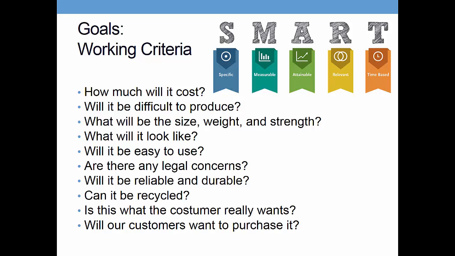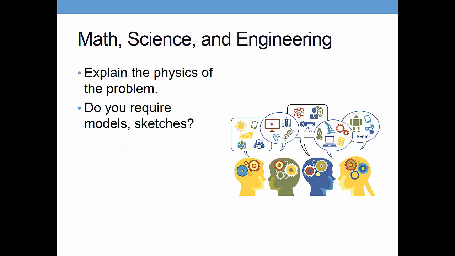In order to do all of this and to attain all your goals, you must use math, science, and engineering. You must establish this criteria, and it must stem from math, science, and engineering principles. Explain the physics of the problem. Generate sketches.